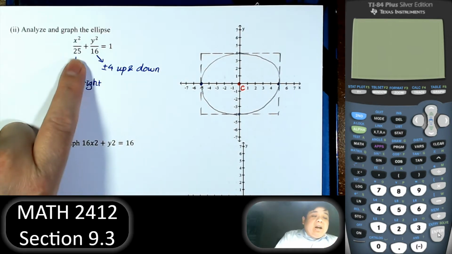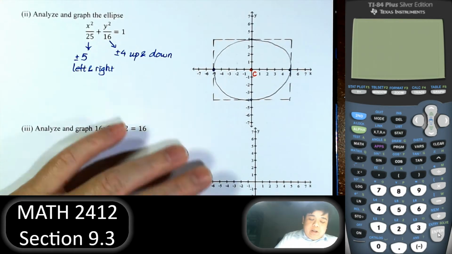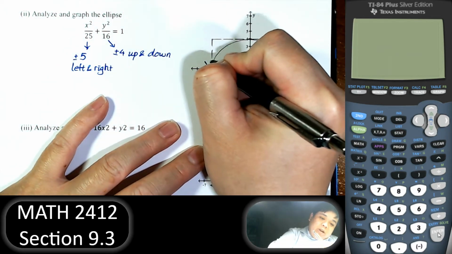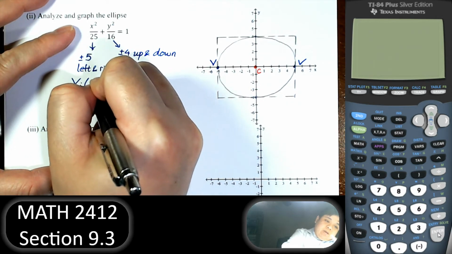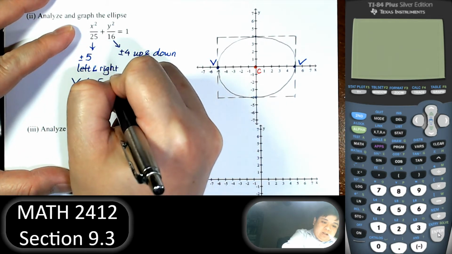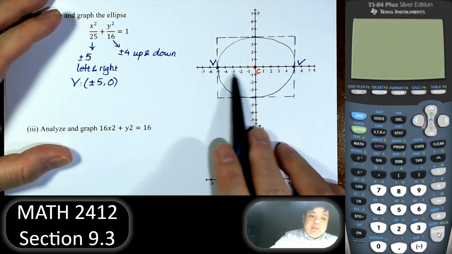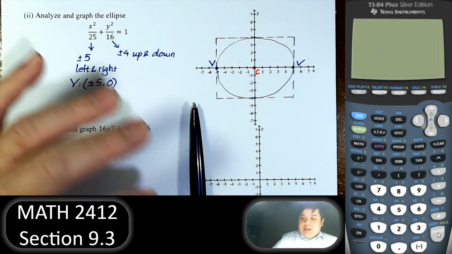Now, the bigger number is under the x. So that's going to be horizontal. So we'll go 5 left and 5 right. So we have 2 vertices, plus or minus 5, comma 0. Because of that, the foci have to be on the x-axis.